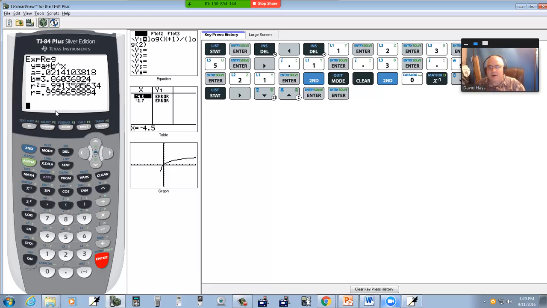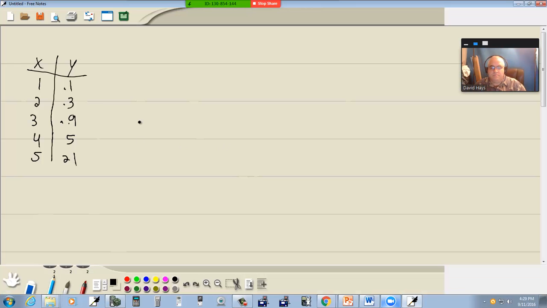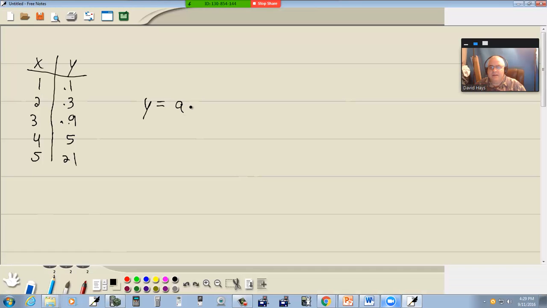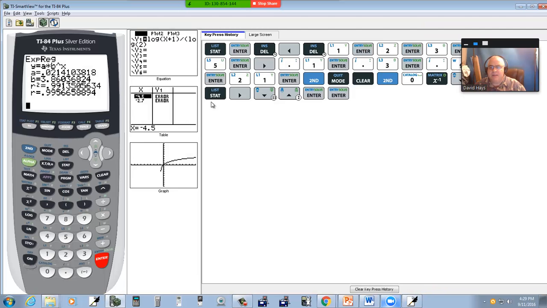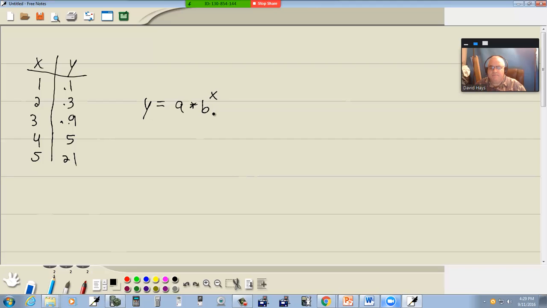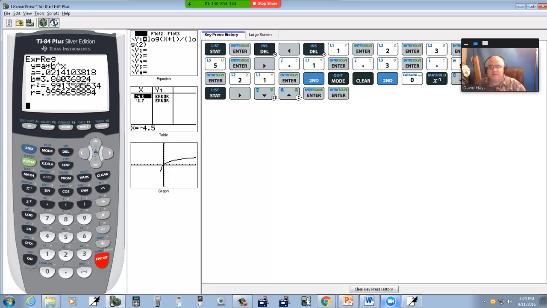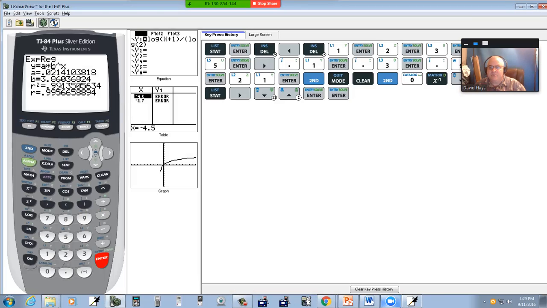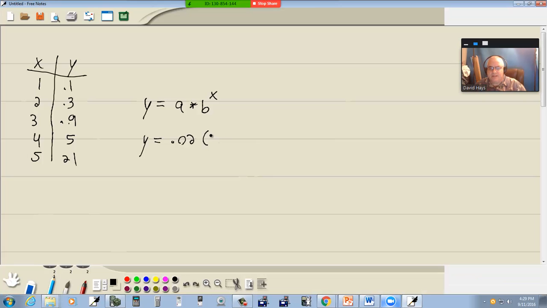it comes back with a model. We got y is equal to a times b to the x power. So we plug in a and b. A, to 2 decimal places, was 0.02, and then times b, which to 2 decimal places was 3.86, to the x power.